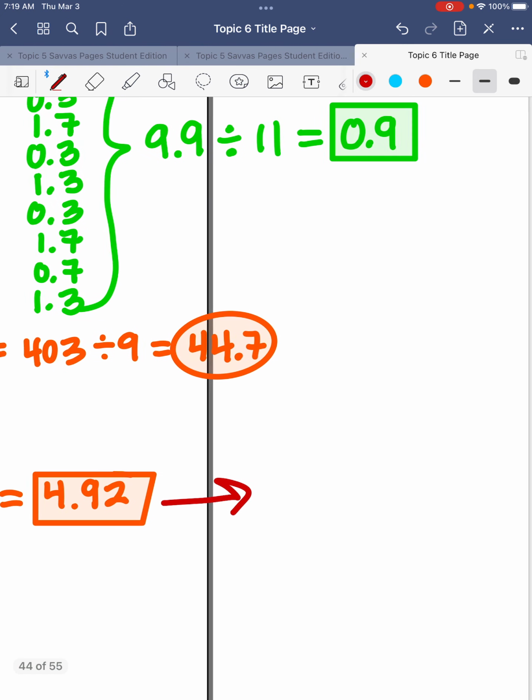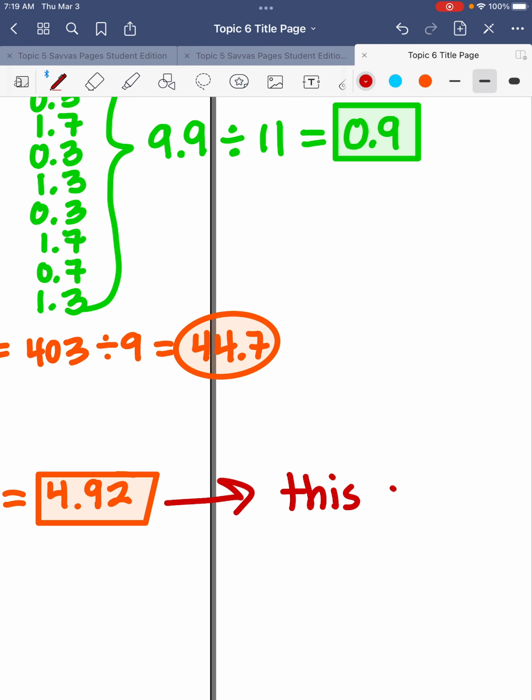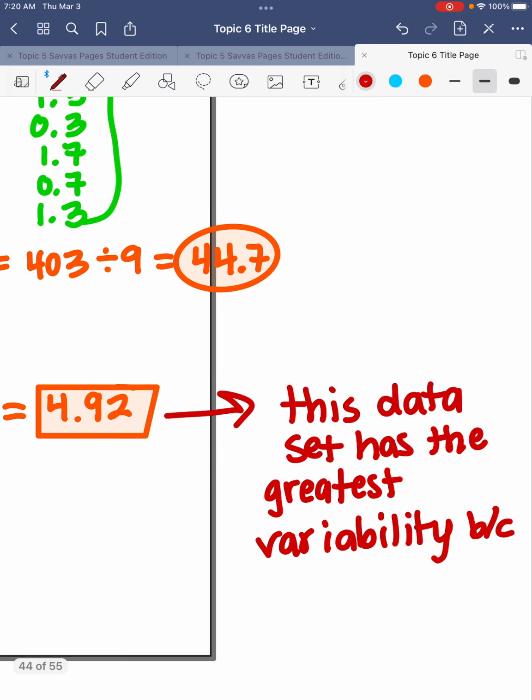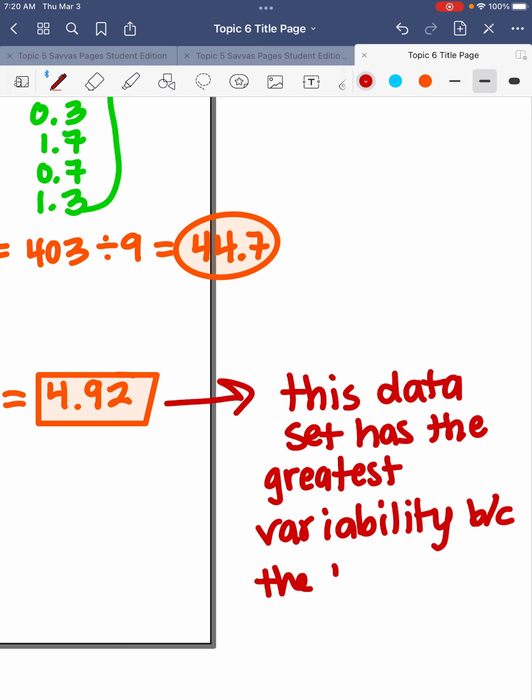This data set has the greatest variability because the mean absolute deviation is the greatest.